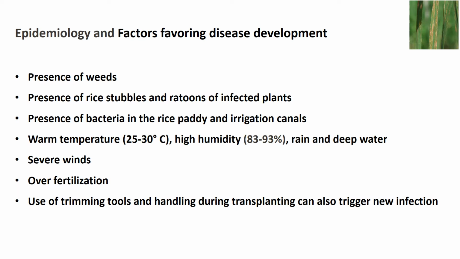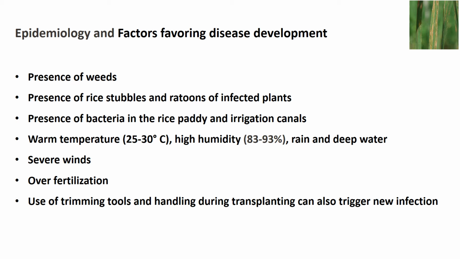Coming to the epidemiology and factors favoring the disease development, the following are the factors which favor disease development: presence of weeds, presence of rice stubbles and ratoons of infected plants in the field, the presence of this particular causative bacteria in the rice paddy and irrigation canals.